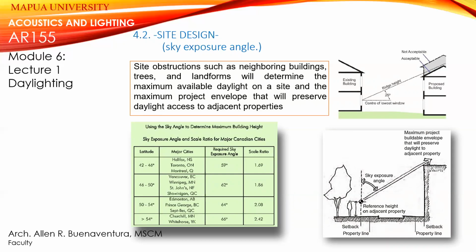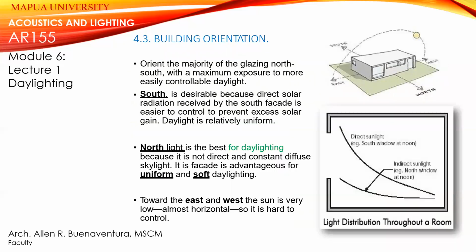the exposure of the building to daylight. Okay? So the building orientation: orient the majority of the building glazing north-south, with the maximum exposure to more easily controllable daylight. So you need to expose the glazing or the windows on the north and south side of the sun path. The south is desirable because direct solar radiation received by the south facade is easier to control to prevent excess solar gain.